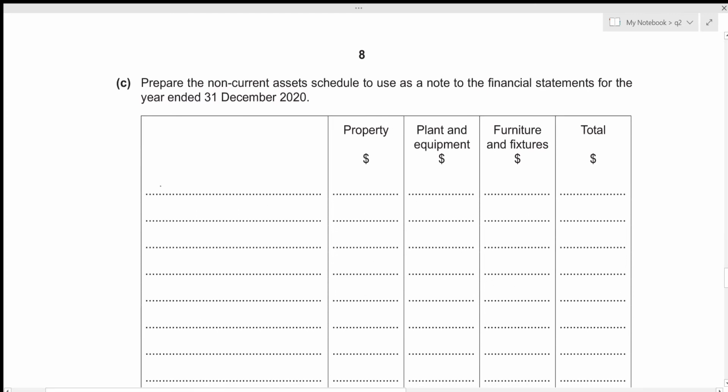So the first section relates to cost. And since we have the year end of 31st December 2020, the opening date would be that of 1st January 2020, right? So we start with the opening cost. That's at 1st January 2020.